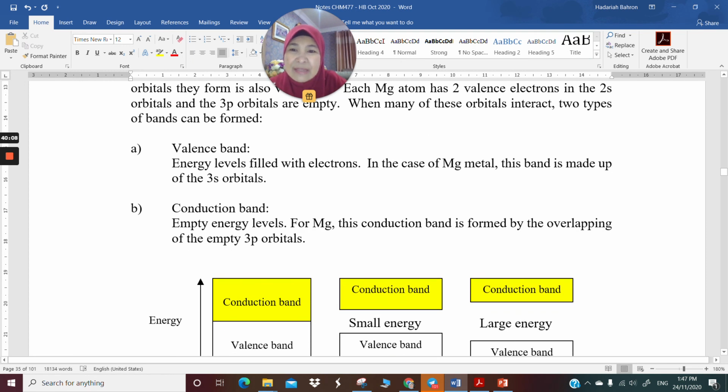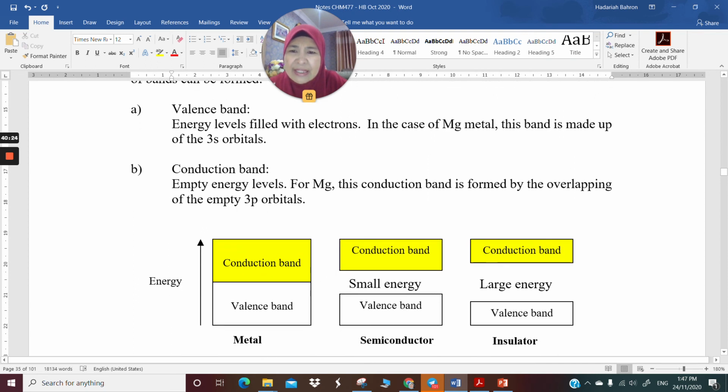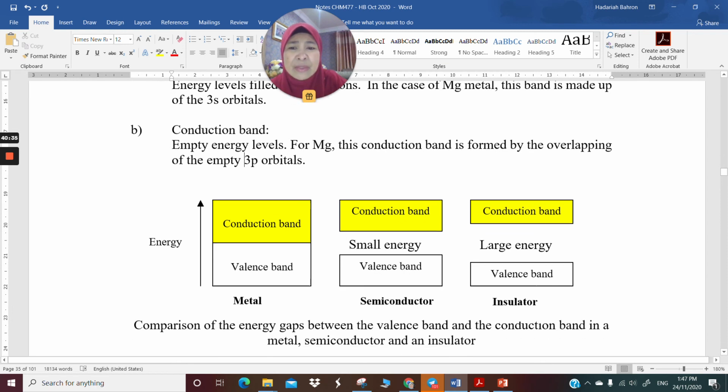You have a valence band, where the energy levels are filled with electrons; in magnesium, this band is made up of the 3s orbitals. And you also have the conduction band, which is empty energy levels. For magnesium, this conduction band is formed by the overlap of the empty 3p orbitals.